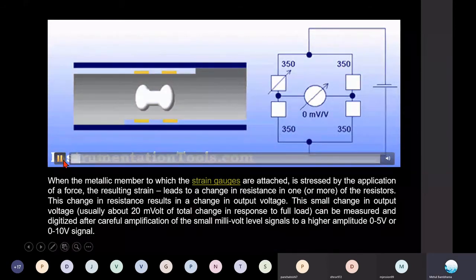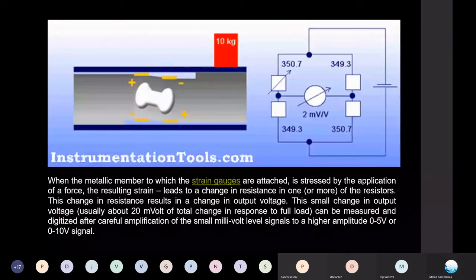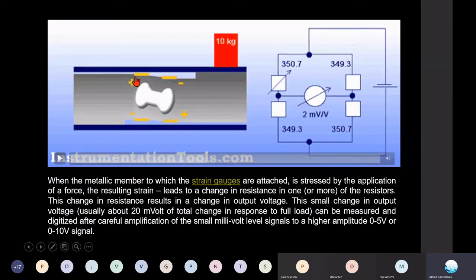Now, when we apply a certain amount of load, because of that load, the action is applied to these 4 different strain gauges. Here it will experience tensile force, compression force, tensile force and compression force, and due to that the resistance will change.